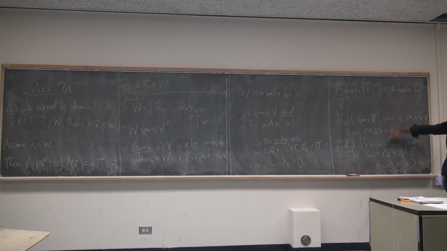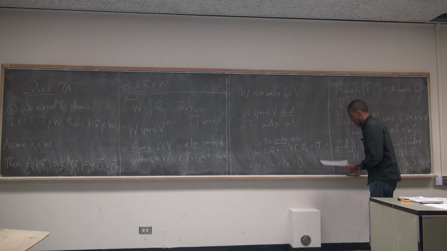So they span R2 and they're linearly independent. Therefore they form what we call a basis.